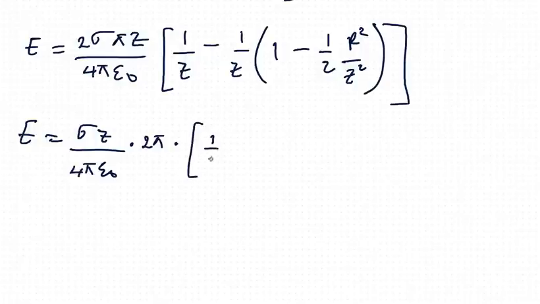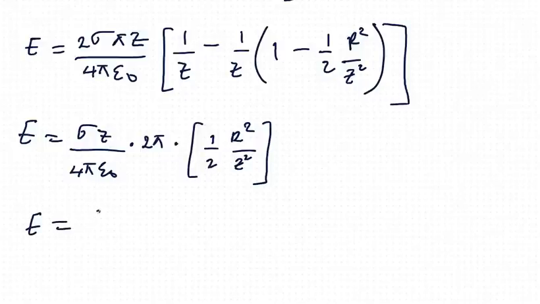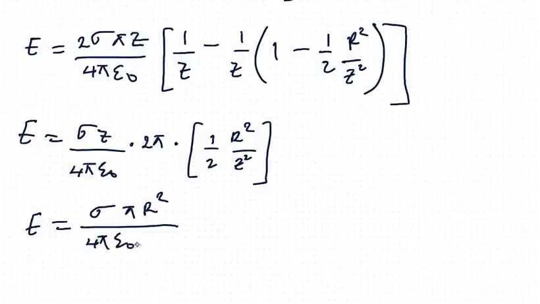Some things can cancel and we'll be left with E equal to sigma pi r squared divided by 4 pi epsilon naught, times z cubed, because z multiplied by z squared will be z cubed.